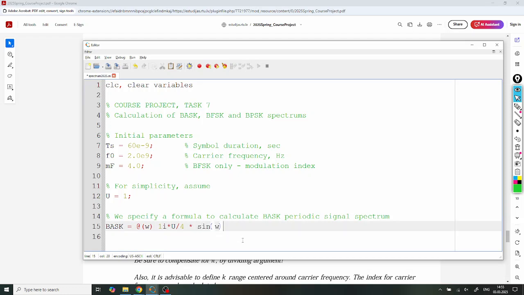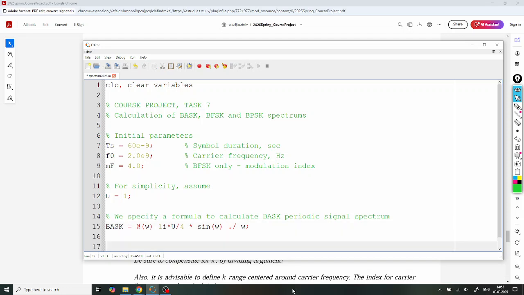Sin of omega, element-wise divided by omega. So our omega is going to be the set of frequencies. We are going to calculate all of them with one call of this function. So that is an array, and because of that, we have to divide the array element-wise. First with first, second with second, and so forth.